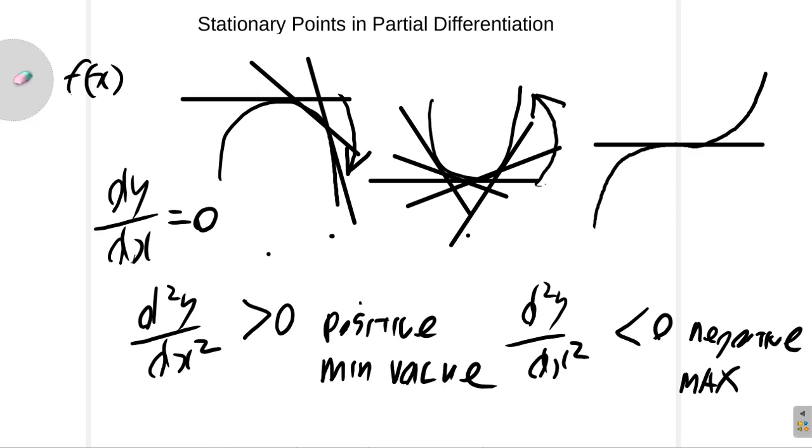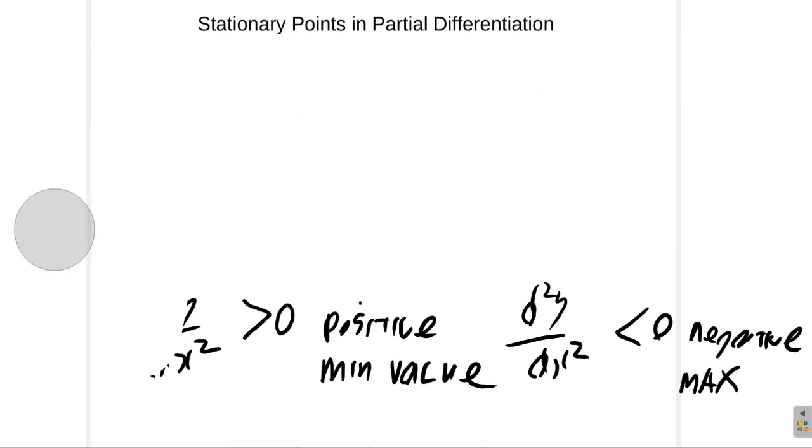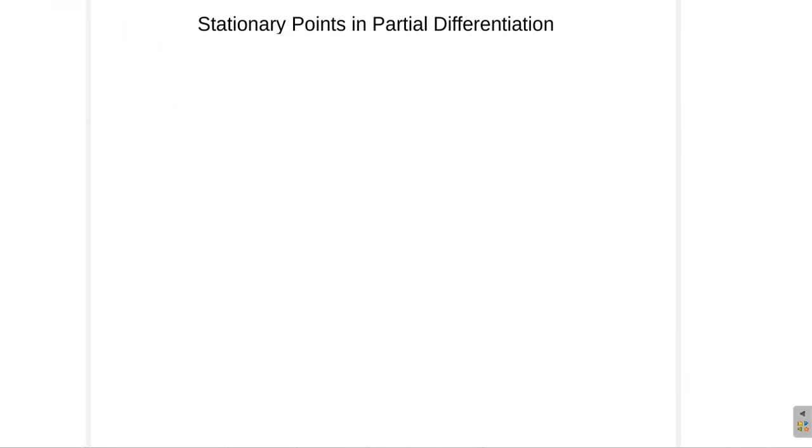Now let's look at the stationary points when you have a situation that says f of x and y. So in this case, it's x and y.